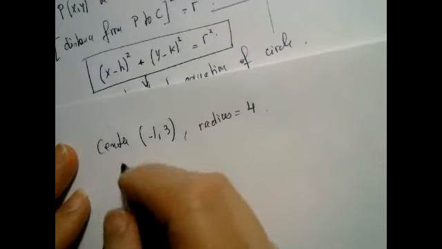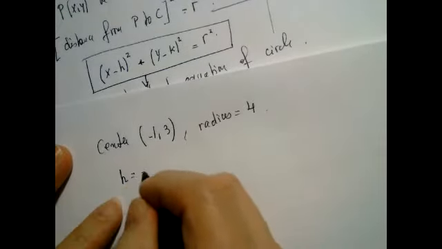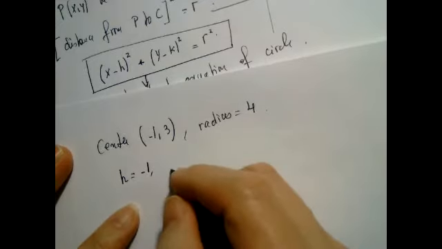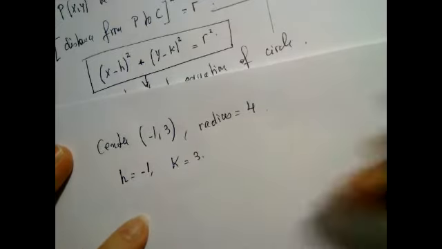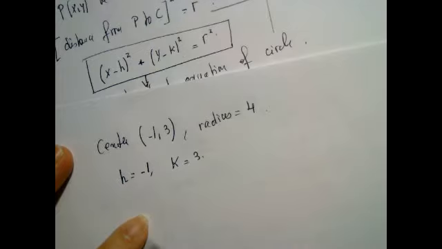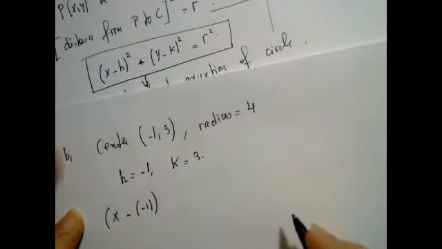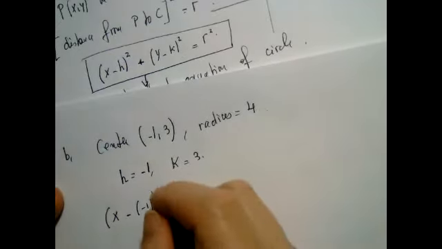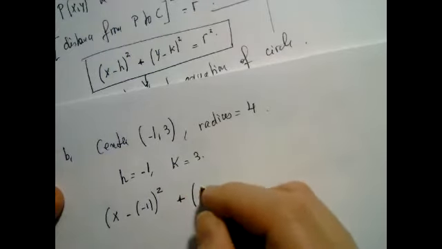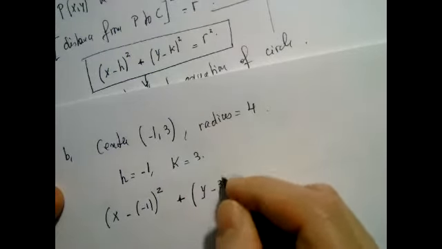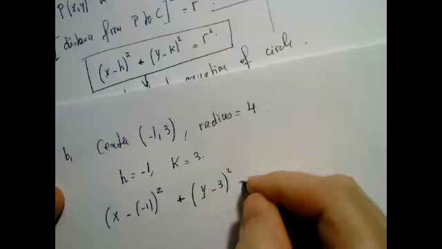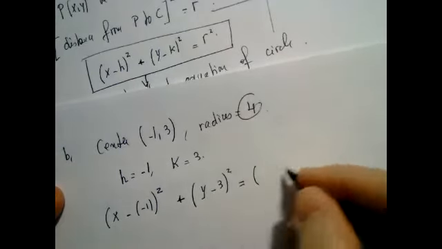Okay. So what's the equation in this scenario? H here is minus 1, that's the center, and k is equal to 3. So my equation becomes x minus h, where h is minus 1, so we have to be careful with that, squared, plus y minus k squared equal to the radius squared.